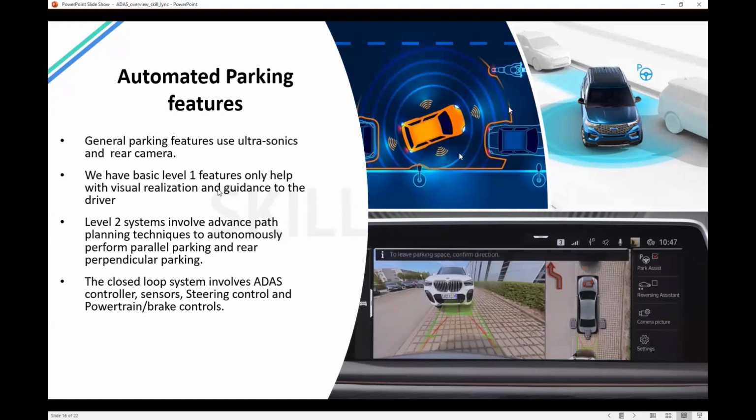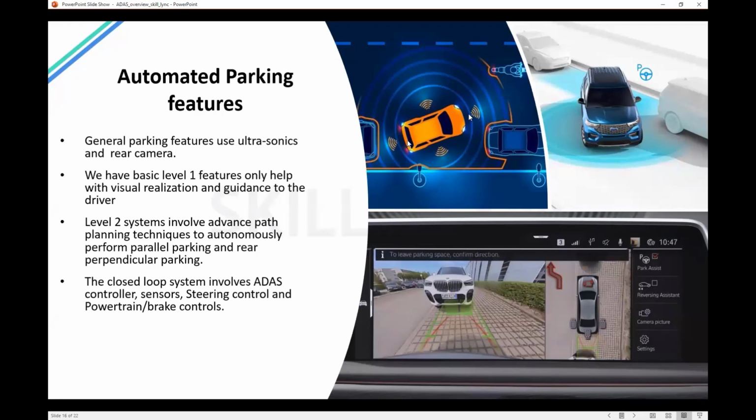And this condition, which we are seeing on the image, is a typical parallel parking scenario. Parallel parking is nothing but parking a car parallelly between two vehicles. And all this is achieved autonomously by using the ultrasonic sensors.